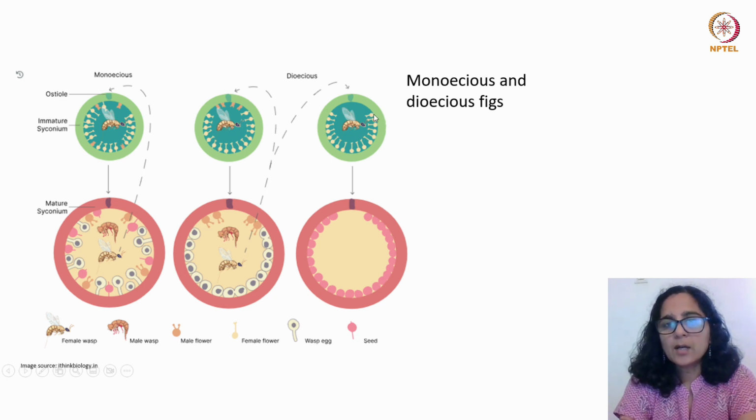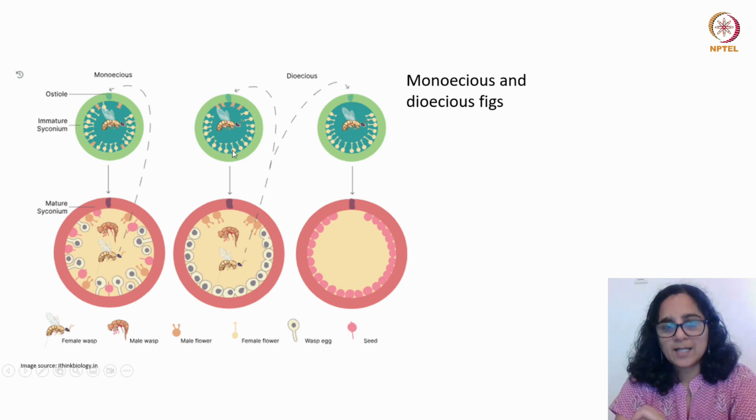Here, there are only long styled flowers, right? So here, when a female comes in, it can't reach these long styled flowers to oviposit. So all of these flowers turn into seeds. Okay, so in dioecious plants, there are two kinds. One is where all of these have long styled flowers and all of them become seeds.